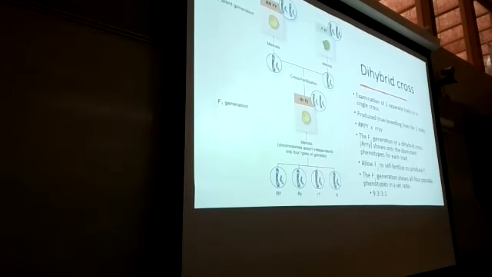So let's draw our little thing over here. Okay, right, so this is a dihybrid cross. So what combination of alleles can dad give us? So we need to pull one from here and one from here, right?